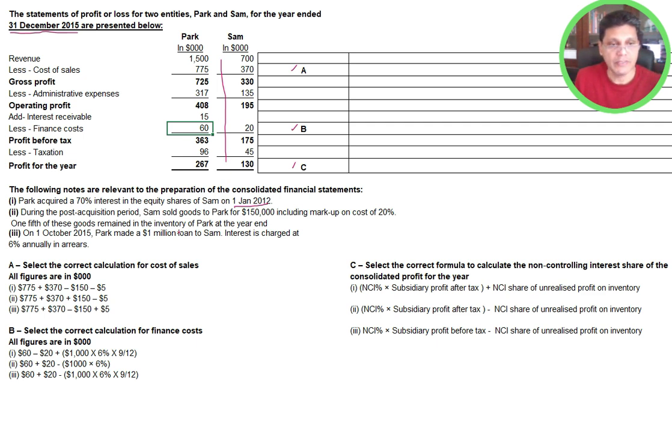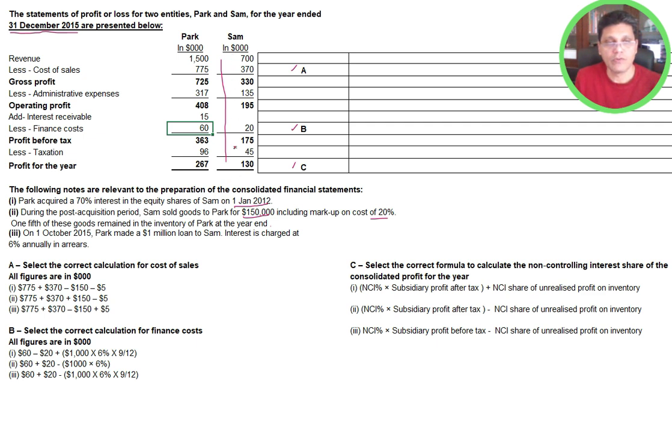During the post acquisition period, Sam sold goods to Park worth 150,000 US dollars, including markup on cost of 20%. 1/5 of these goods remain in the inventory of Park at the year end. So here you are given 150,000 worth of goods have been sold by Sam to Park. Sam is a subsidiary company where it recognizes the profit.